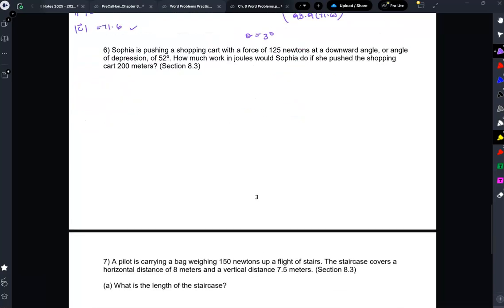Sophia is pushing a shopping cart with a force of 125 newtons at a downward angle, or angle of depression, of 52 degrees. So if this is the shopping cart, she's pushing at an angle of depression of 52 degrees with 125 newtons.